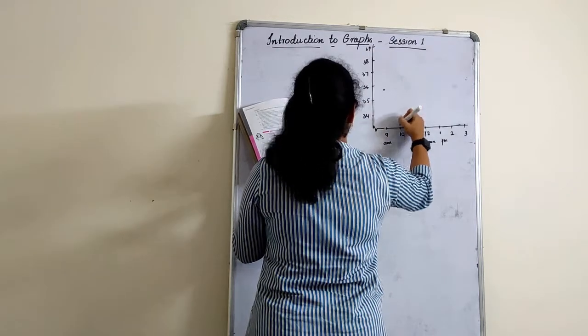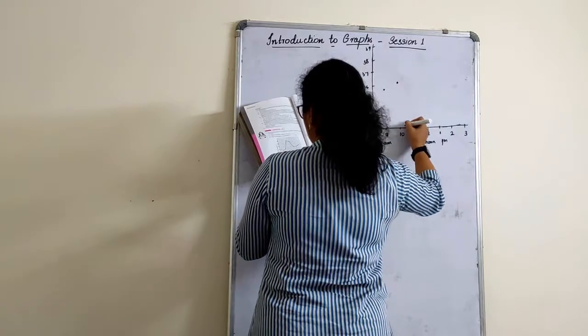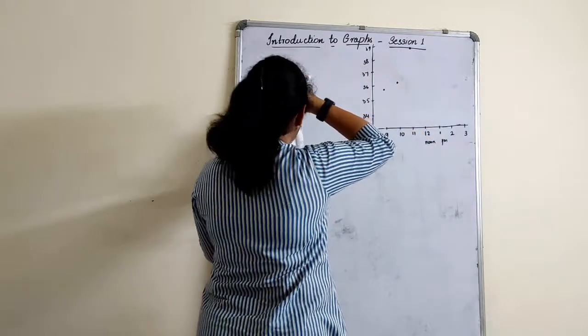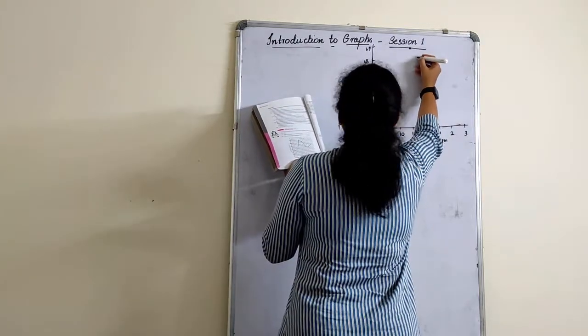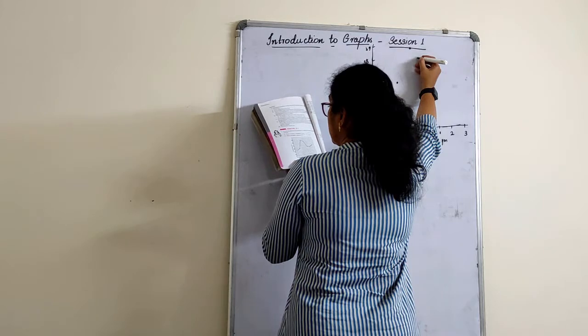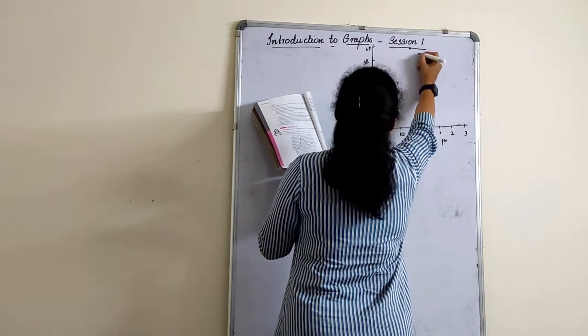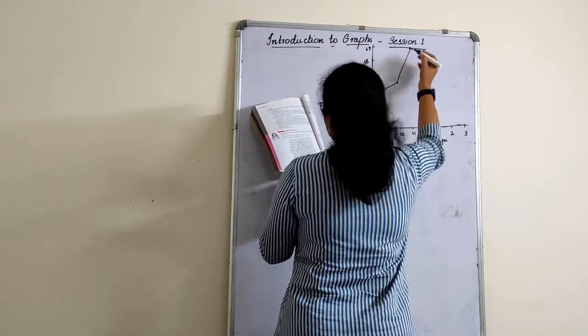The next point is at 36. The next point 11 will come at 39. Then we have 12 at 38 and 9. So let me first join this, right?